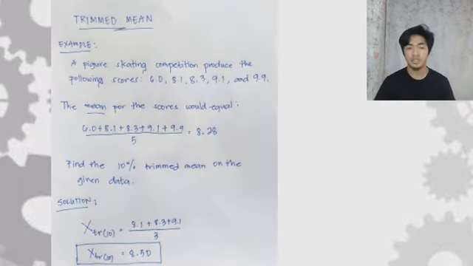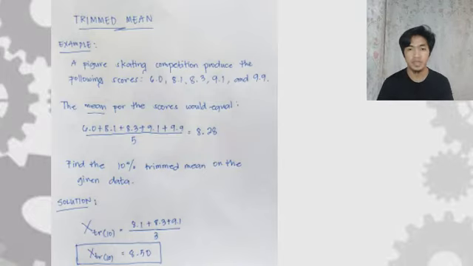Example of a trim mean. So, ang example natin dito is a figure skating competition produced the following scores: 6.0, 8.1, 8.3, 9.1, and 9.99. So, ang gagawin lang natin dito, find the 10% trim mean on the given data.